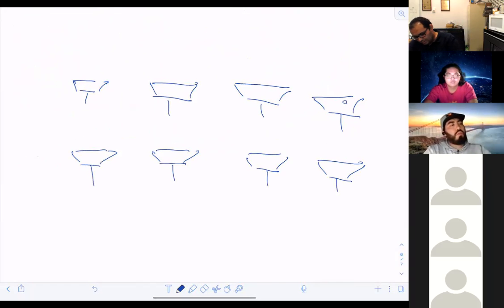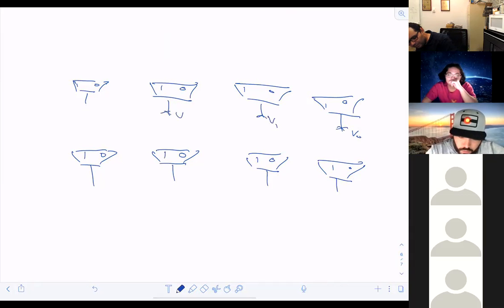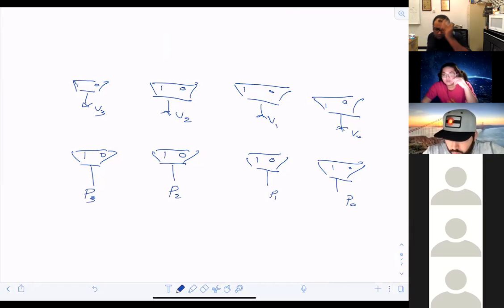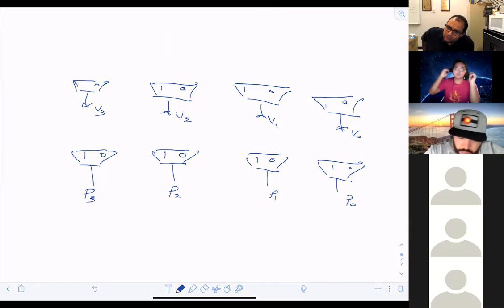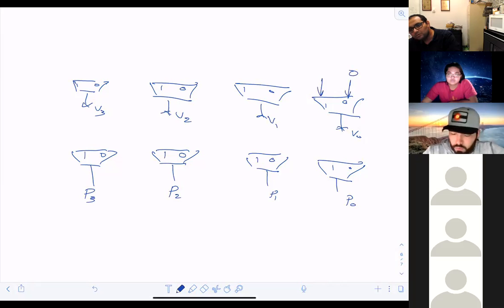Okay, 0 1 0 1 0 1, right? Here V0, V1, V2, V3, P0, P1, P2, P3. Let's see what the situation will be. So with the left shift, you are taking 0 and pushing toward this way, right?